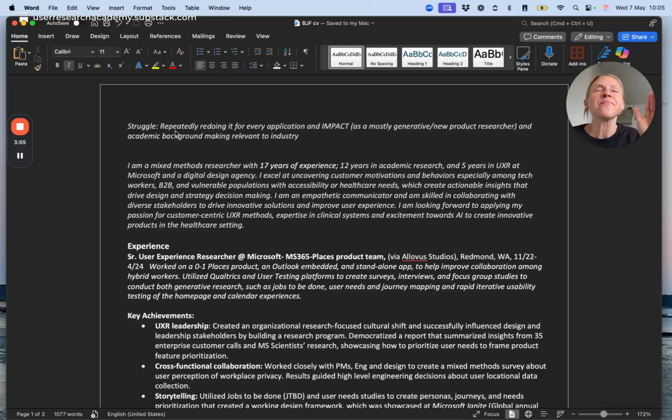It's not worth it. The only thing that I would say you should change for is if you are looking at a different type of role. So qualitative versus mixed methods versus quantitative, right?